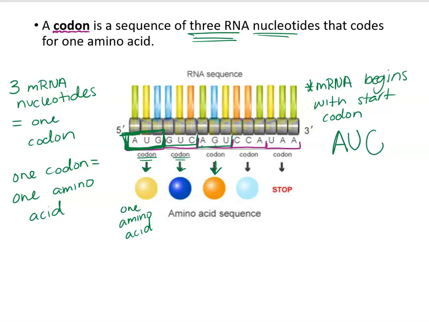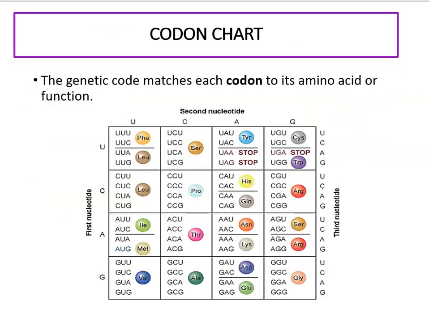So our start codon on our mRNA is always AUG. And our ribosome and our tRNAs, which are going to be transferring or carrying these packages, these amino acids, they know when they read the mRNA, they know what amino acid that codes for. We don't. So scientists came together and made a simple little chart for us to be able to know what each codon codes for, what amino acid it codes for. And that is the codon chart.